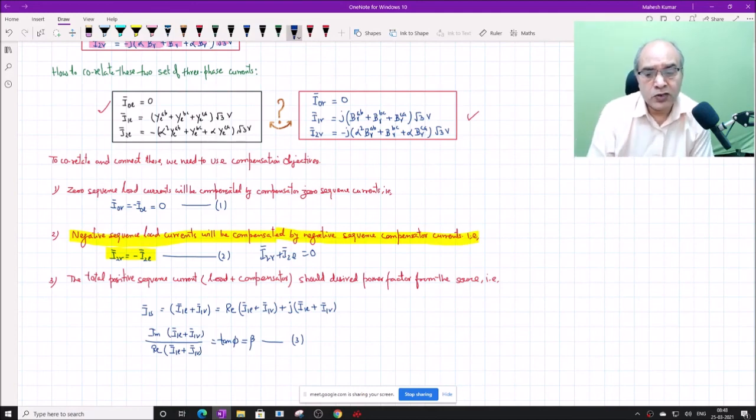That means that there should be no effective negative sequence current to be supplied from the source. The net effective negative sequence current must be equal to 0.